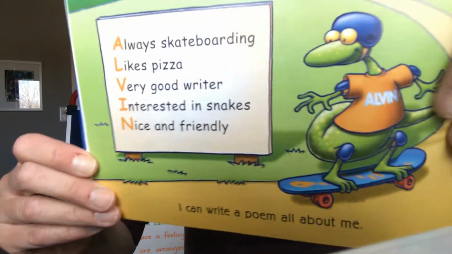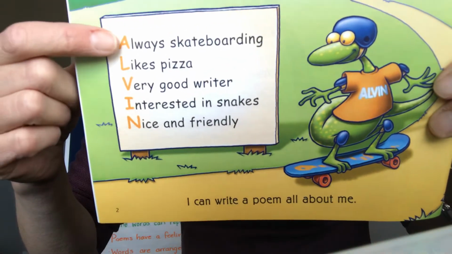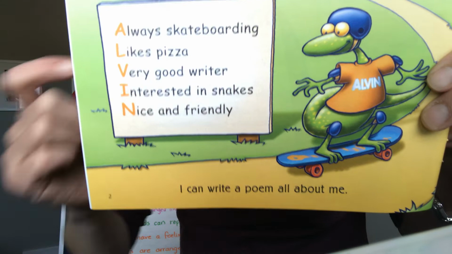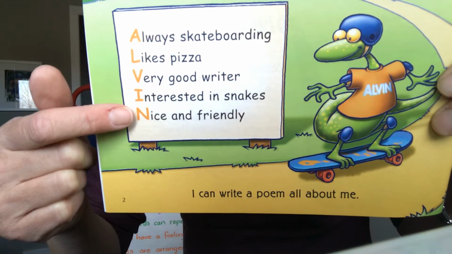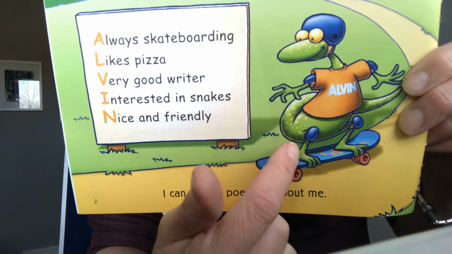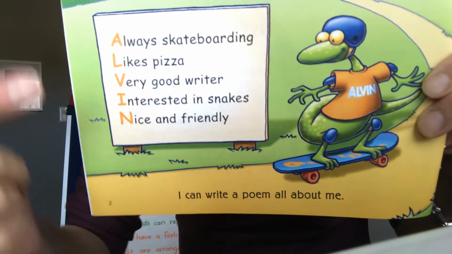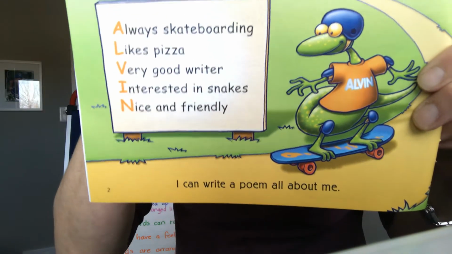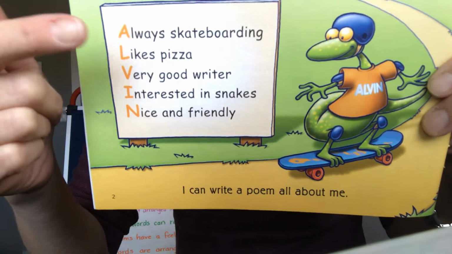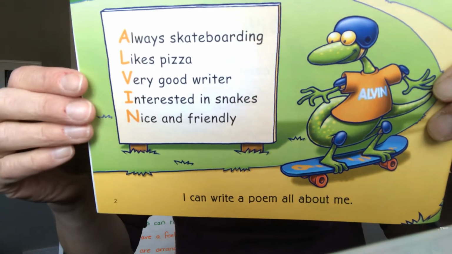This is called a cinquain because it has letters at the beginning of the lines, and see those letters spell the word Alvin? That might be his name, Alvin. And he wrote a poem about Alvin using the first letter of the letters in his name as the first letter of each line.